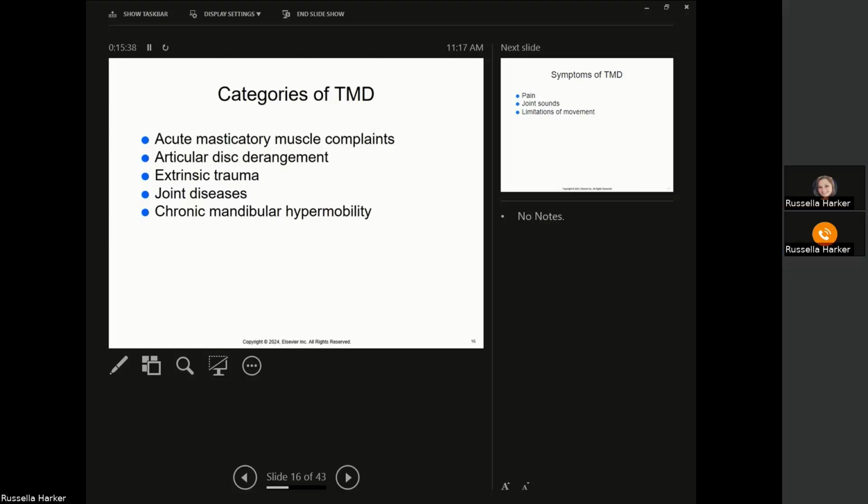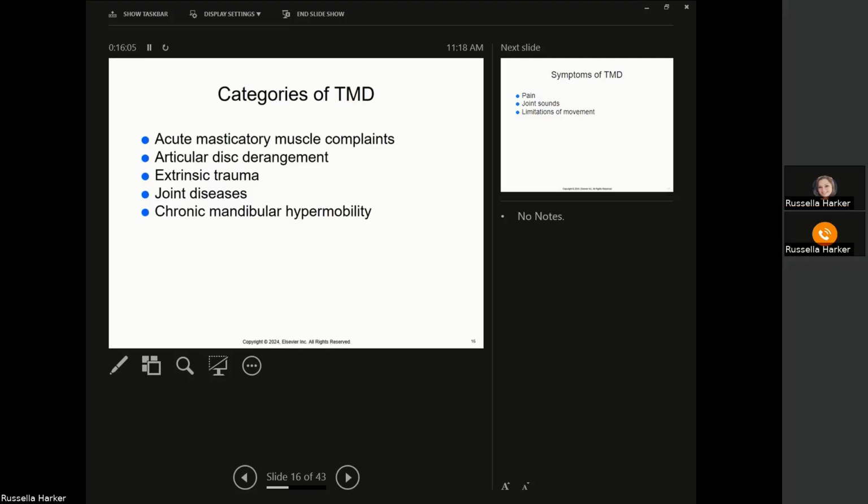And chronic mandibular hypomobility is a limited ability to move, and the mandible may be influenced by damage to the joint, bony portions of the articular capsule, shortening of the muscles of mastication, or damage to the articular disc.